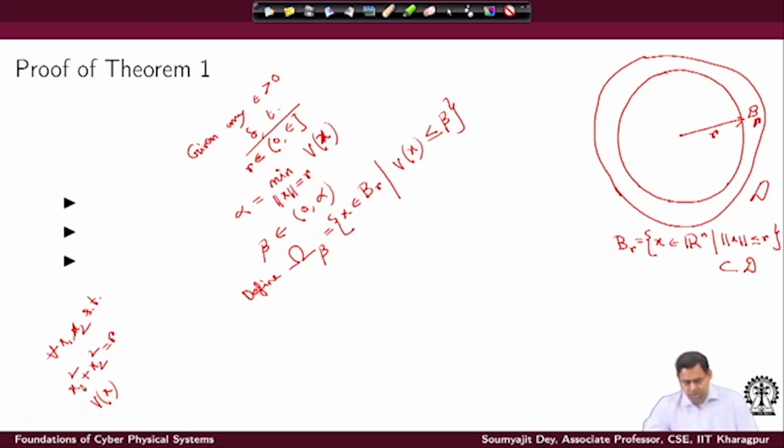And once this is computed you just take any value between 0 and alpha. Now, once we have done that, we know that these are the points where V x is being computed, and the minimum value among these points, that value is alpha.